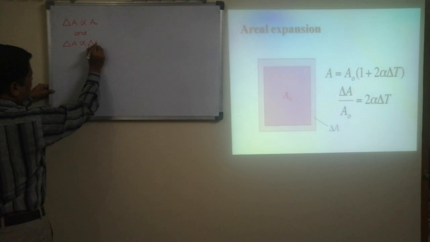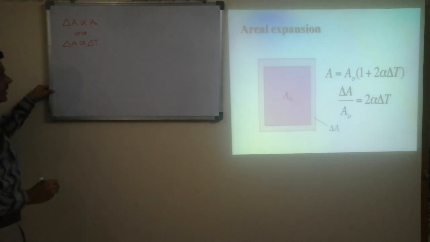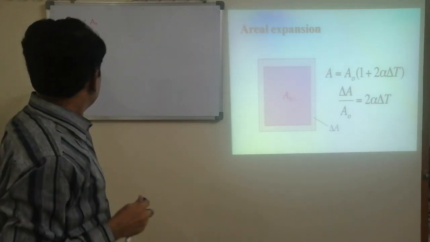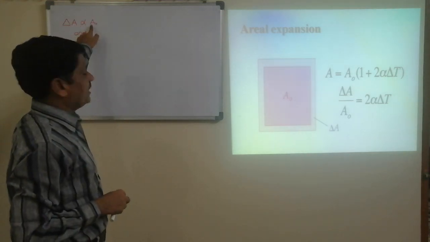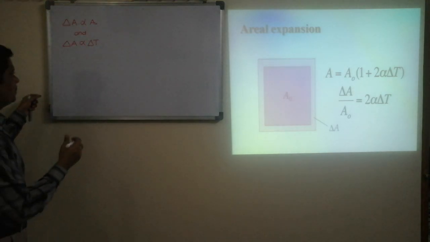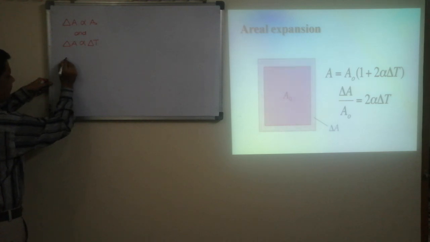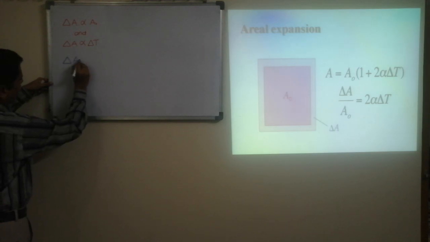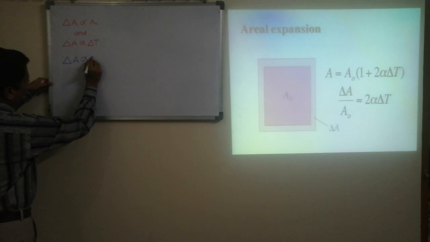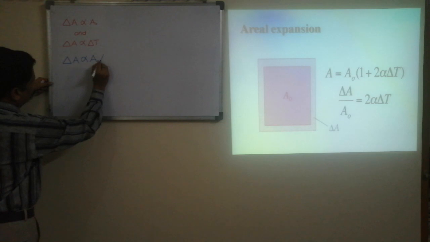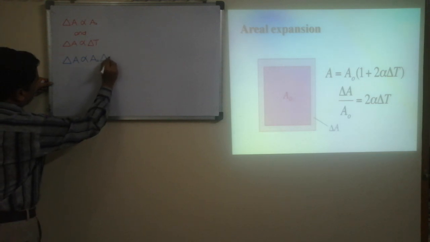We can represent it by small t or capital T, right? So whenever we heat a body, the increase in area is directly proportional to the initial area and to the change in temperature. Therefore, we can write that the increase in area is directly proportional to the initial area and change in temperature.